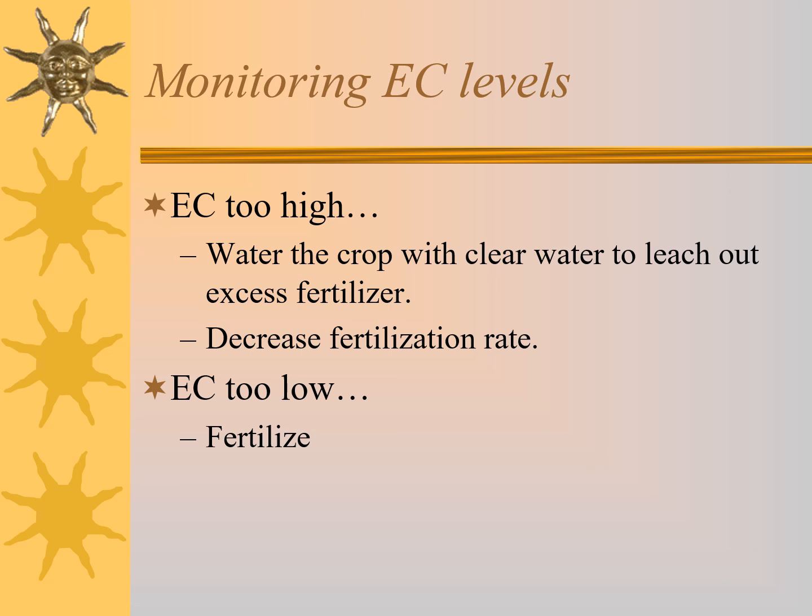Another management option is that we can decrease the fertilization rate. If it turns out the electrical conductivity is too low, then our management option is to fertilize. We want to add fertilizer to get that electrical conductivity up into the optimum range for whatever crop we're growing.